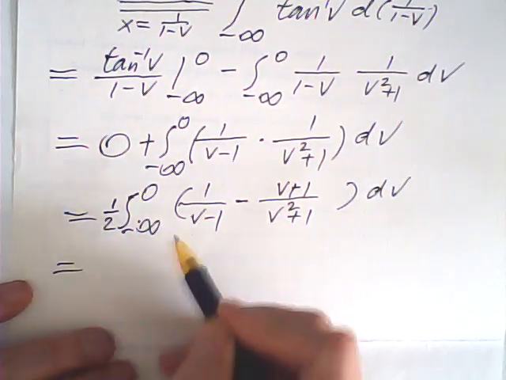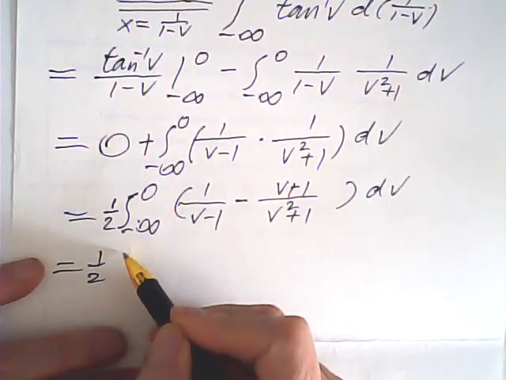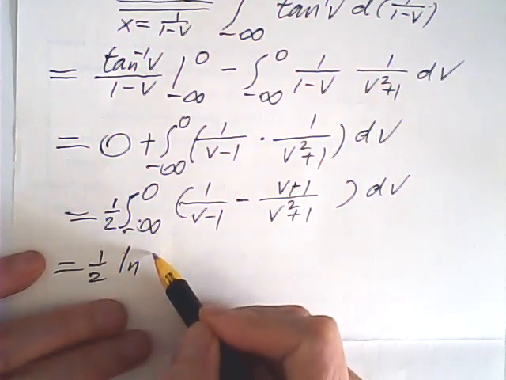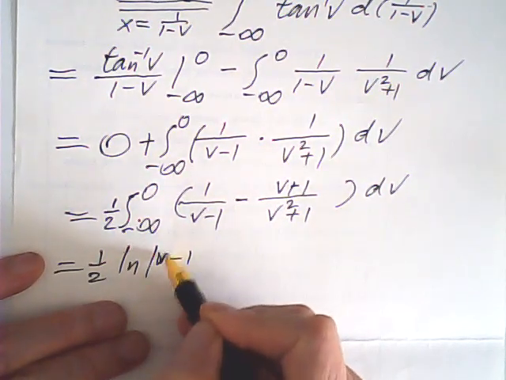The first one is 1/2 natural log of v minus 1.